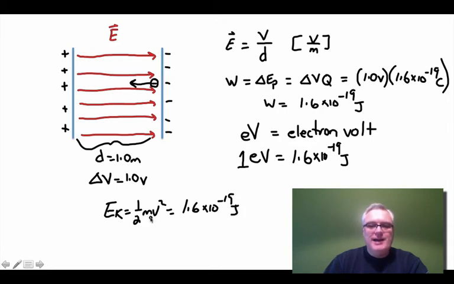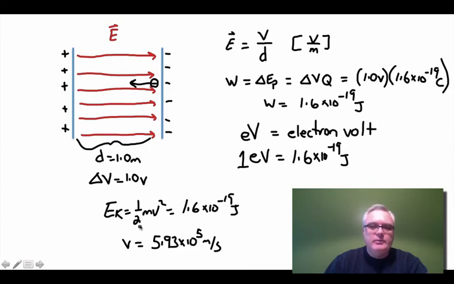And since we know the mass of the electron from our formula sheet, we find that this electron, when it passes through this parallel plate from one side to the other side, ends up traveling at 5.93 times 10 to the 5 meters per second.